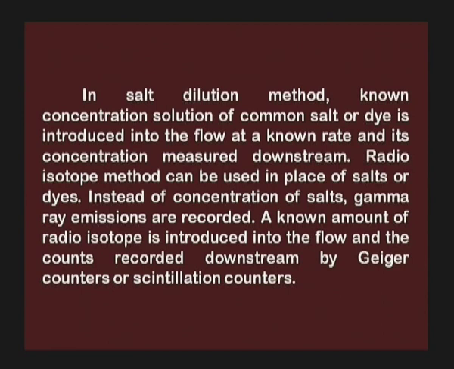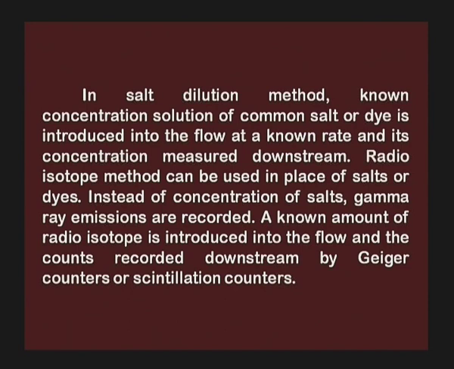In the salt dilution method, a concentrated solution of common salt or dye is introduced into the flow at a known rate and its concentration measured downstream. The radioisotope method can be used in place of salts or dyes. Instead of concentration of salts, gamma ray emissions are recorded.